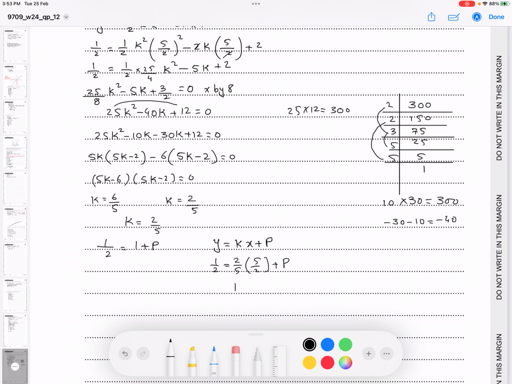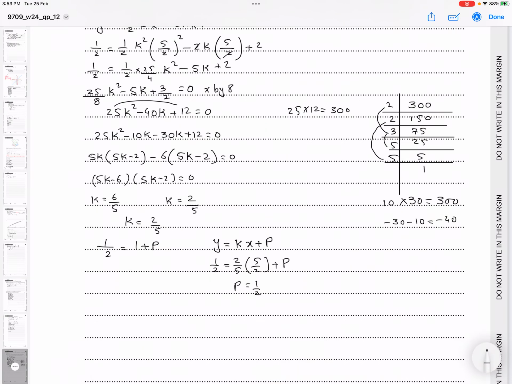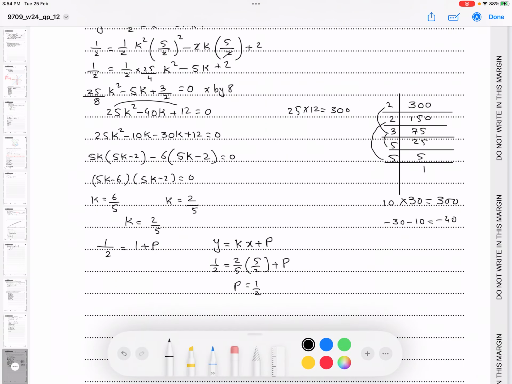So 1 over 2 plus 1 over 2 is equal to 1 plus p, and p is equal to negative 1 over 2.